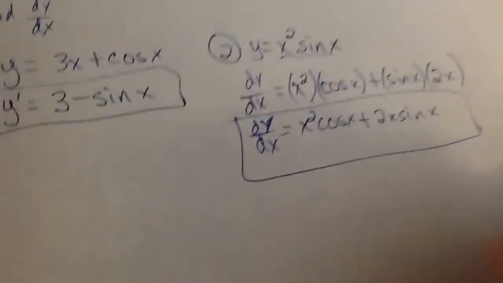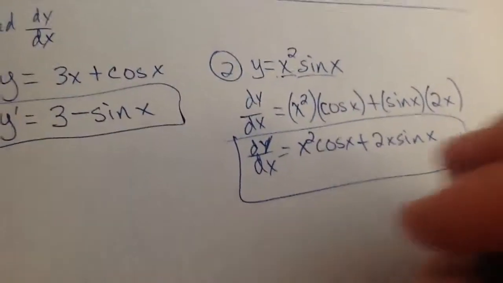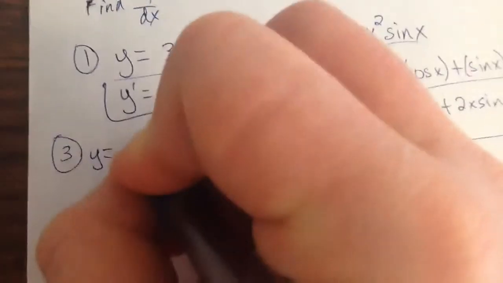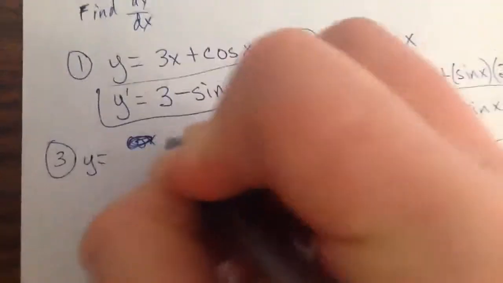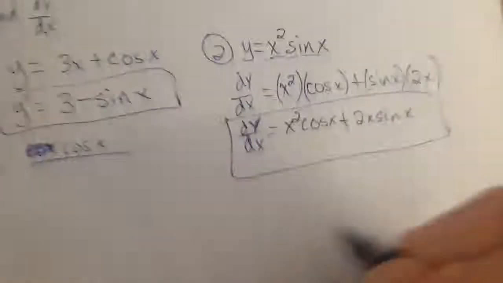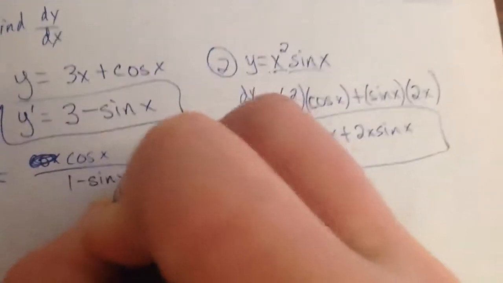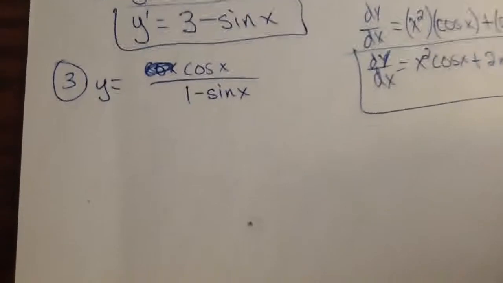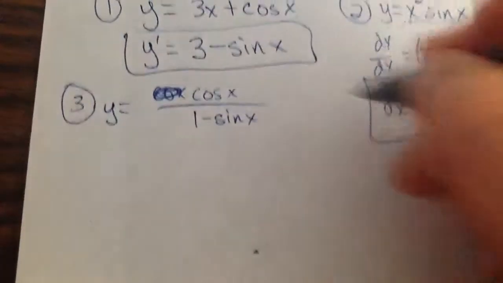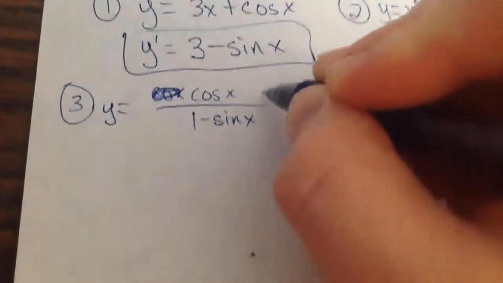More. Let's do y equals cos of x divided by 1 minus the sine of x. So that's quotient rule. Here's uv.